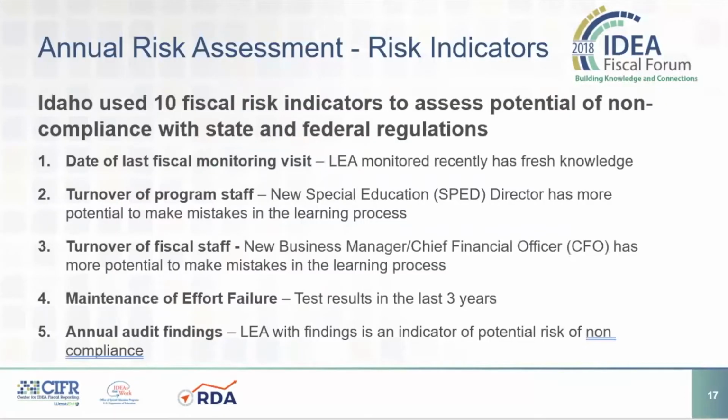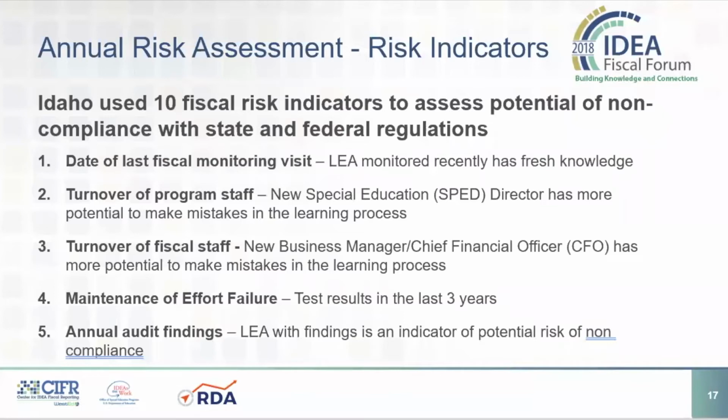So as I said earlier, we have an annual risk assessment, and we developed the model using 10 fiscal risk indicators to assess the potential of non-compliance with state, local, and federal regulations. And I'll go over the risk indicators that we used last year for our first risk assessment.